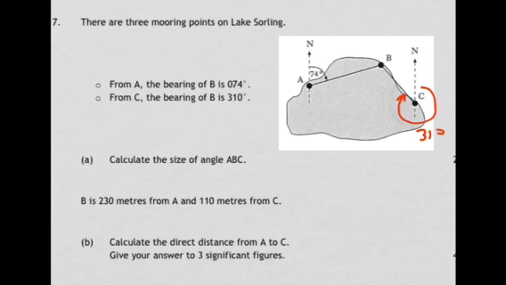So what other information do we have, or can we put on? Right, because that angle is 310, then we know this little angle in here is going to be 50. If we drop a south line from B, then because of Z angles, then that angle in there is also going to be 50. I'll write that in a slightly different colour so you can see it.